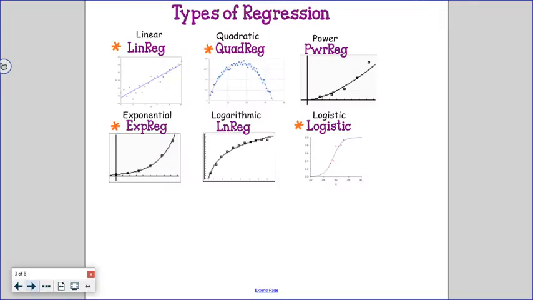We have a couple different types of regression that we are going to look at. What you see up there is the name, but then you also see the abbreviation that is happening in your calculator. And being able to match those up is kind of important.